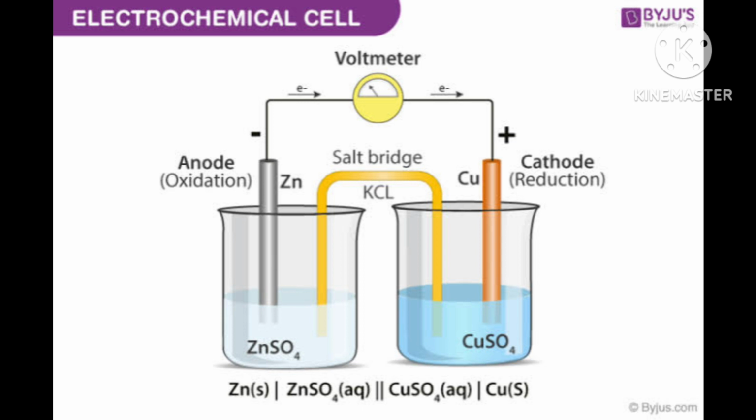This tendency may be of different types. Some may have more tendency, others less. The metal which has more tendency to lose the electron will be treated as anode, and the one which has less tendency to lose the electron is treated as cathode.